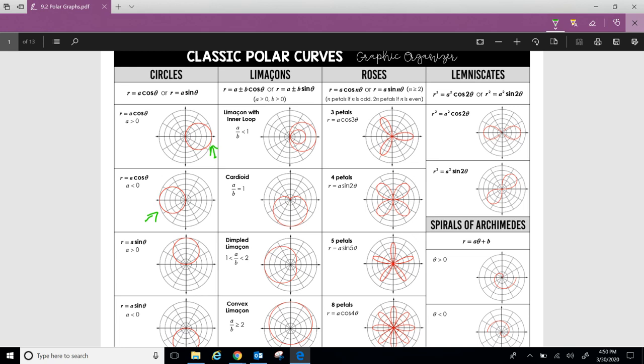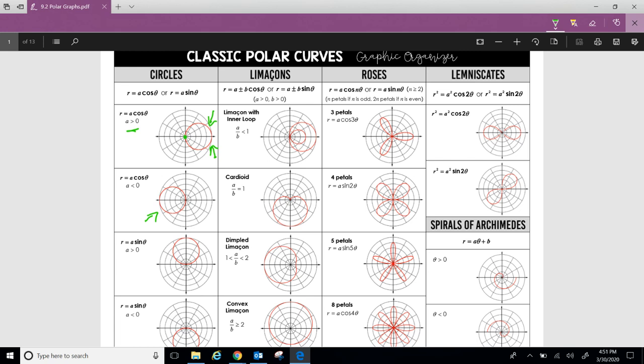So they're symmetrical about the polar axis, and if a is bigger than 0, we're to the right of the pole. Remember, your pole is right here. And if a is less than 0, then we're to the left of the pole.